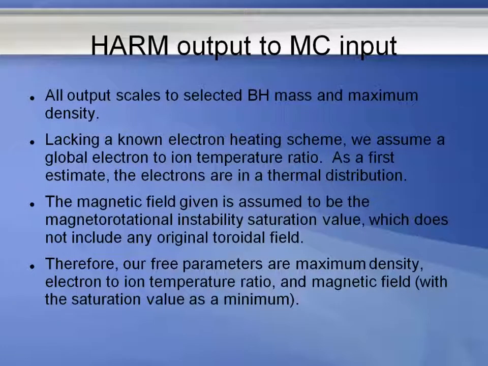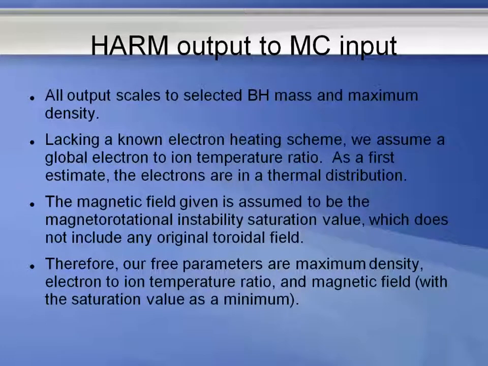That is, we've said if ions at one location are 1 degree, then we'll say electrons there are 5 degrees. And so ions at another location may be 2 degrees, and the electrons there would be 10 degrees. The global temperature ratio would be 5 in that case. And this is just a way of leaving a free parameter for us to work out what an appropriate temperature would be for the thermal situation we're dealing with at the moment.